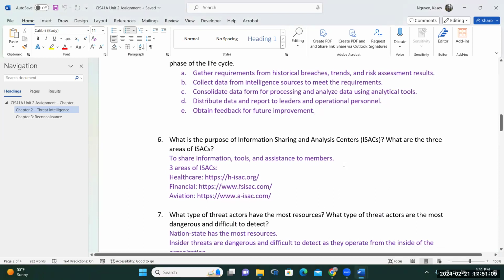So the purpose of ISACs and the three areas are, right? ISACs allow you to share information, tools, and assistance with other members. So you can register for a membership. The three areas are healthcare, financial, and aviation, and they do have other categories if your company doesn't fall into those.